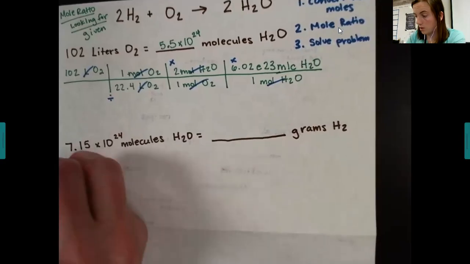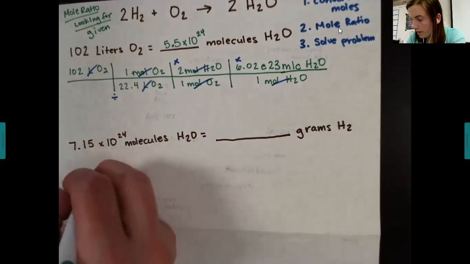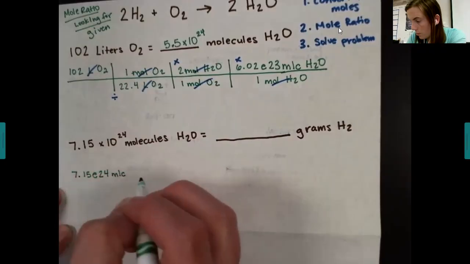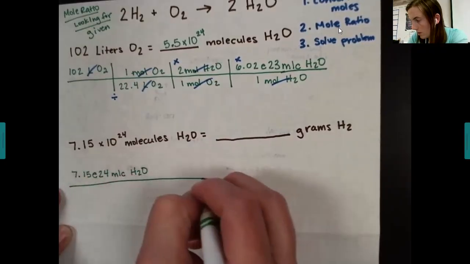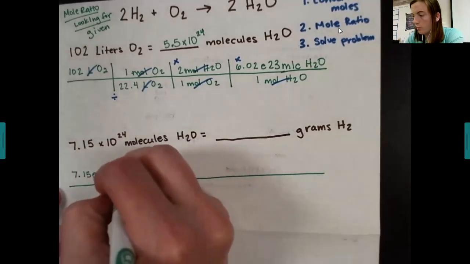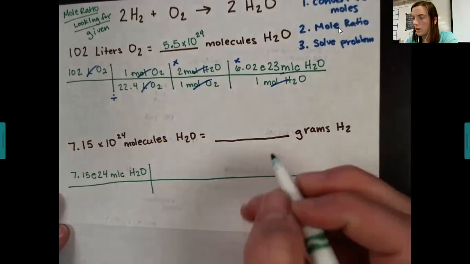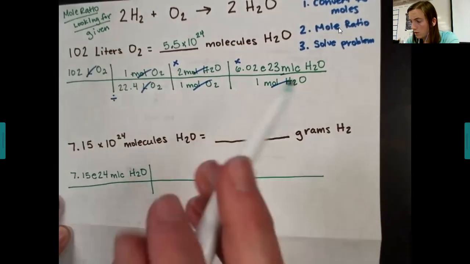Okay, so we start with what we're given: 7.15 E24 molecules of H2O. Remember, MLC is the abbreviation for molecules, and this is talking about water. Step 1 is to convert to moles.